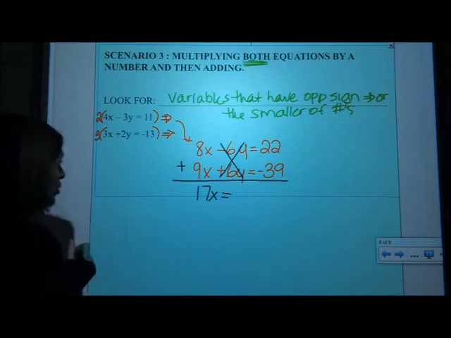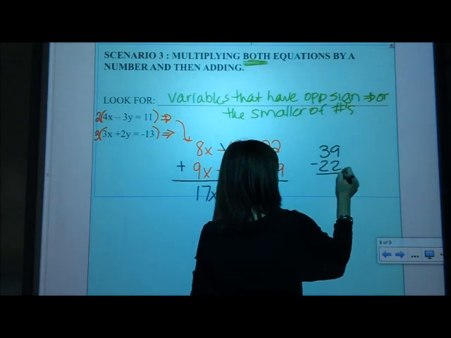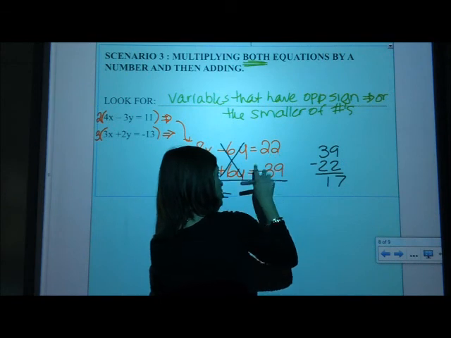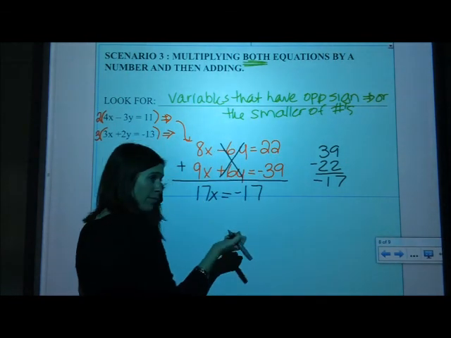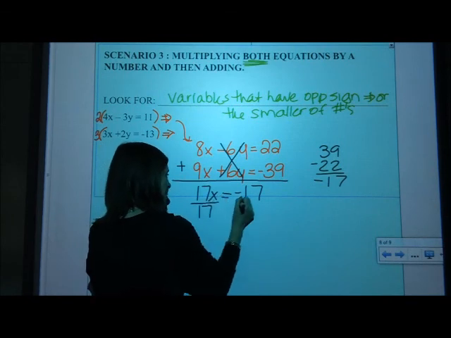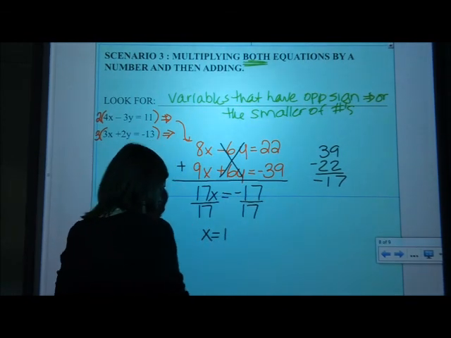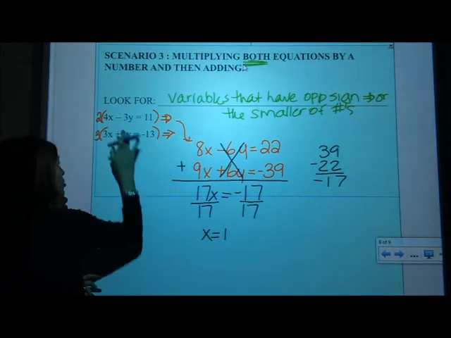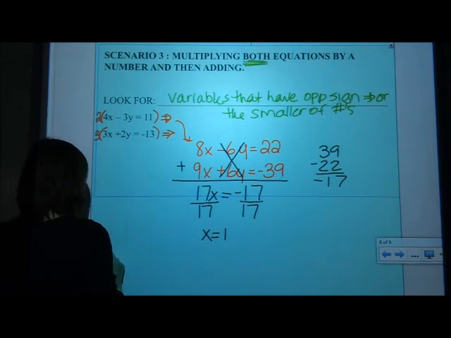All right, so I've got 39 minus 22, which is 17. 39 is larger than 22, so we keep its sign. So negative 17. And then we divide both sides by 17, so x equals negative 1. Now this one can get a little bit more complicated when we plug that x into it. Pick either equation. I'm going to pick the lower one because it's just a smaller number.